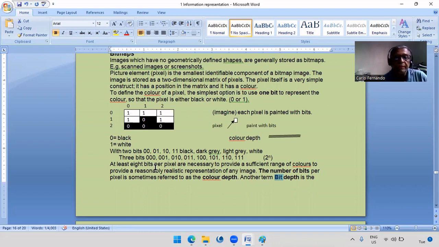So now 8 bits, how many colors? With 8 bits, how many colors are possible? That is 256. Now you must be an expert on the calculation of these bit values. So 8 bits will give you a total of 256 colors. So that will be realistic, no?